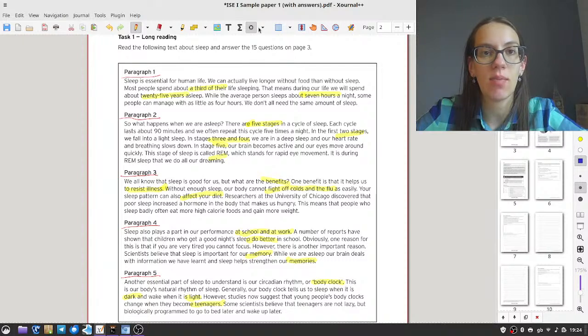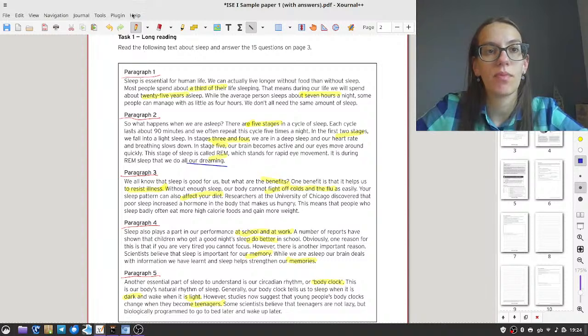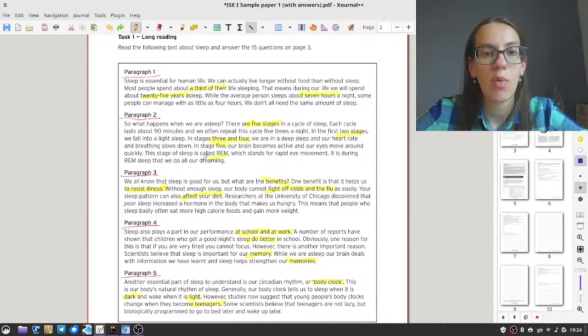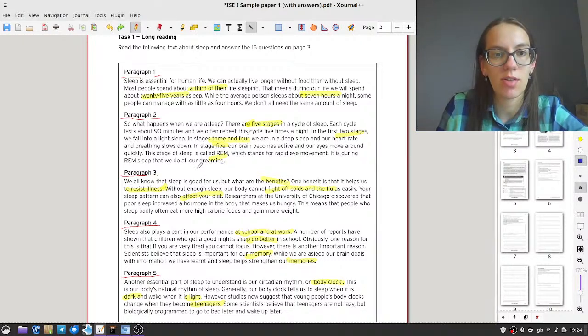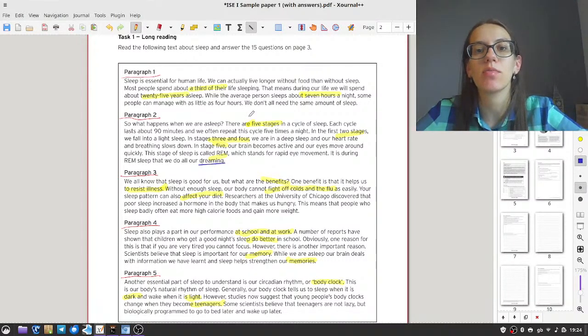They say over here about dreaming that during REM sleep we dream. However, we don't talk about why it happens. They just tell us that it happens during the 5th stage we dream, and also it's not the main topic.